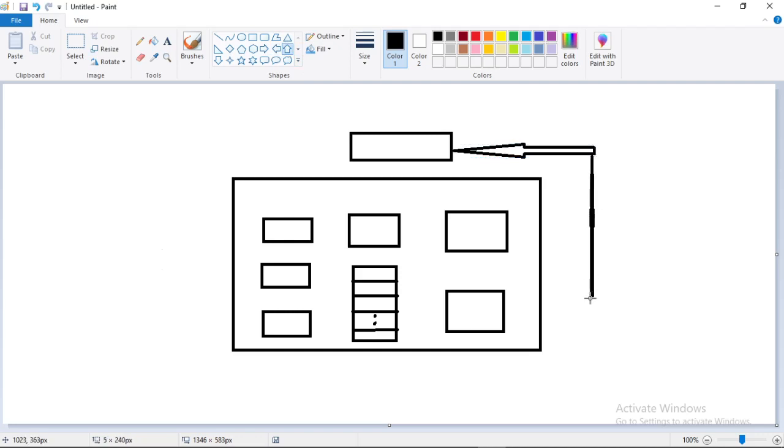Okay, I'm using arrow. You can also draw using a single line. I'm doing it in this particular way, but that doesn't mean you also have to do it this way. You can draw a single line and connect it with this particular box.